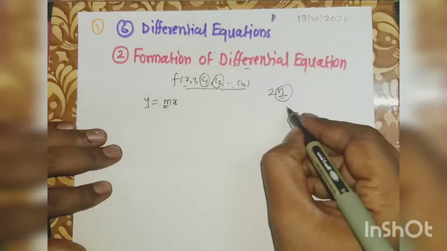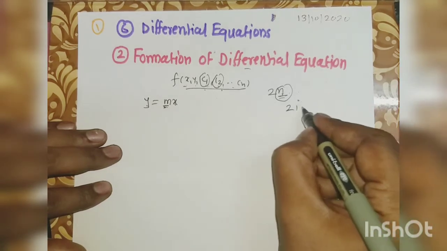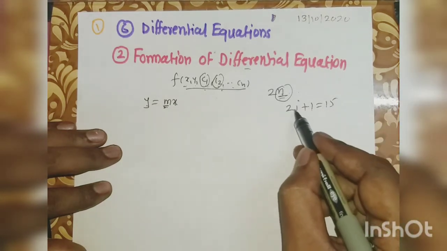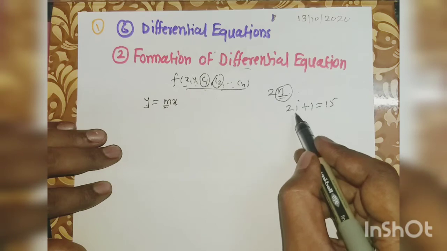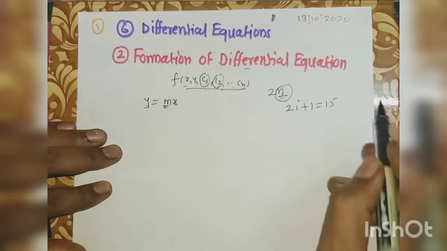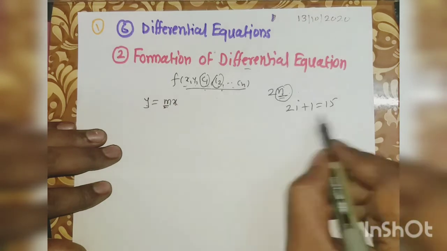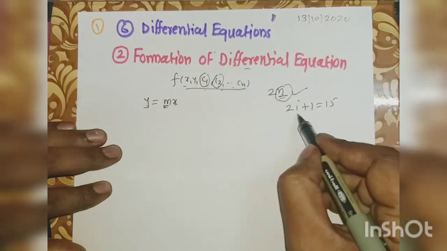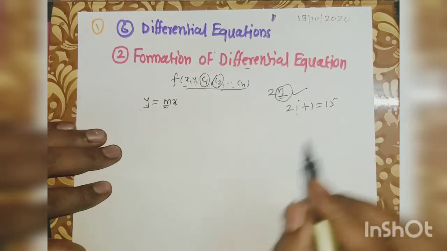But if 2i plus 1 is equal to 15, here i is the constant, and in place of i we take 7, then it is correct. Otherwise this equation is not correct. That is, this n is an arbitrary constant, and this i is called only a constant.